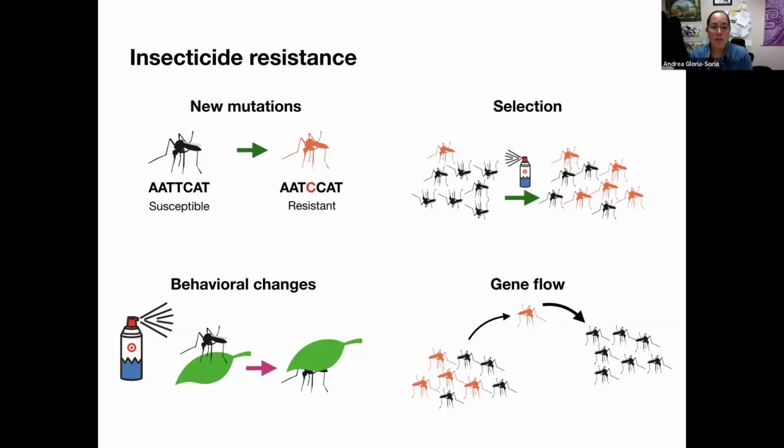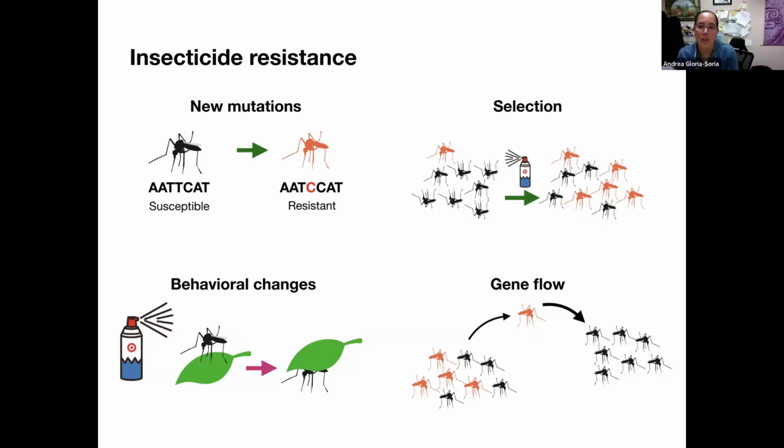It can also arise from changes in behavior of the vector in response to the insecticide. For example, in this image, the mosquito, instead of resting on the top of the leaf, might rest on the bottom of the leaf, therefore sheltering itself from the direct exposure. And it can also appear in a population through gene flow, when alleles that are resistant in a neighboring population are brought into a population that was previously susceptible.